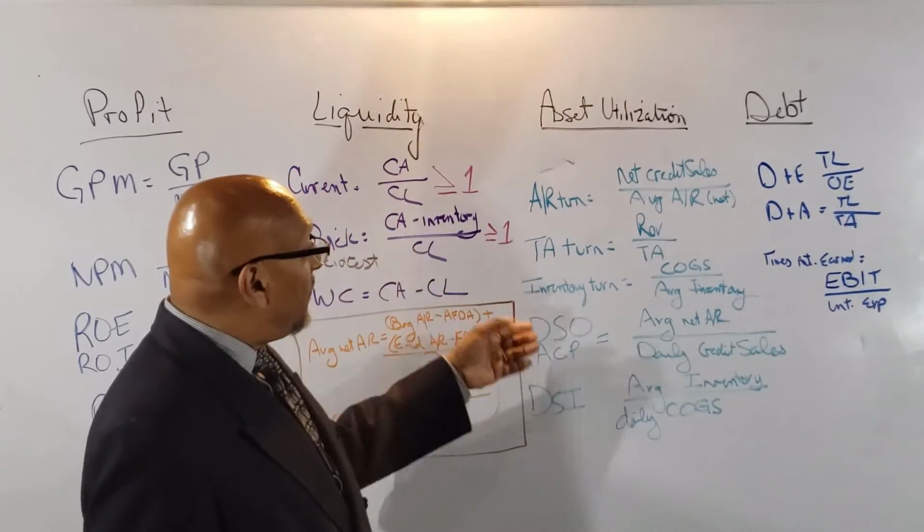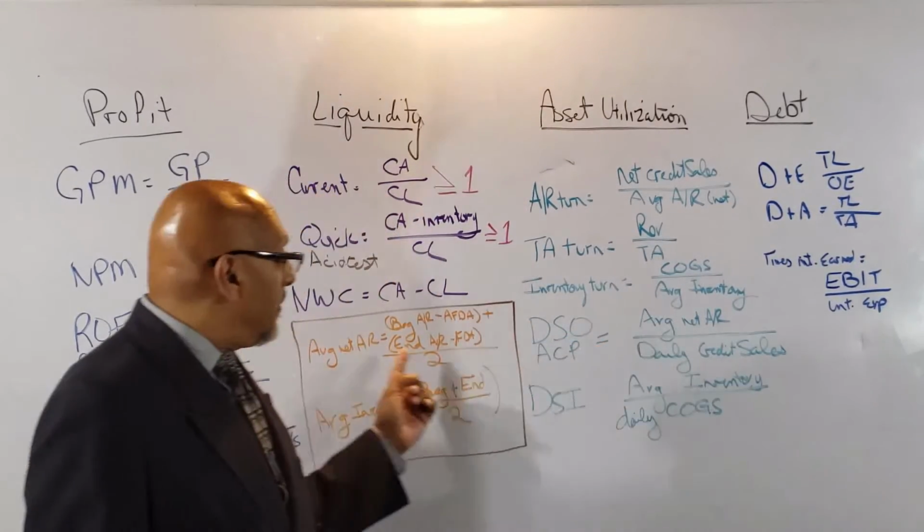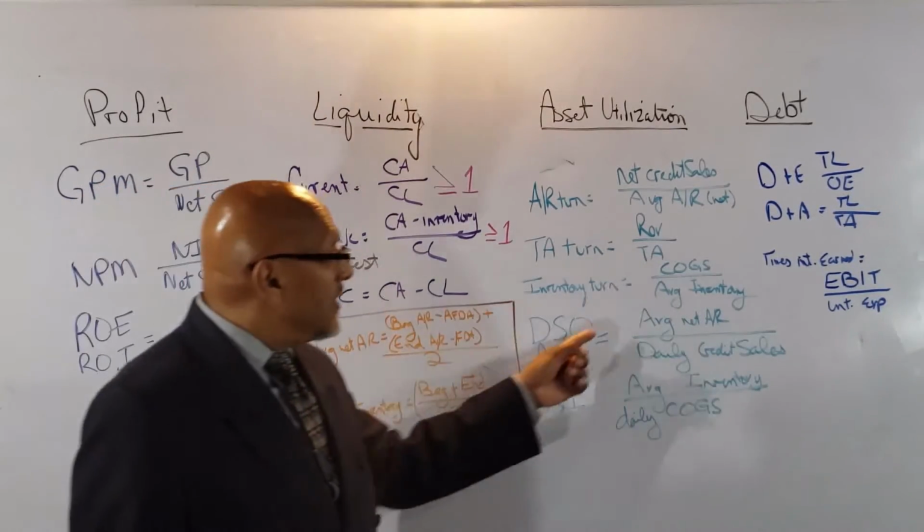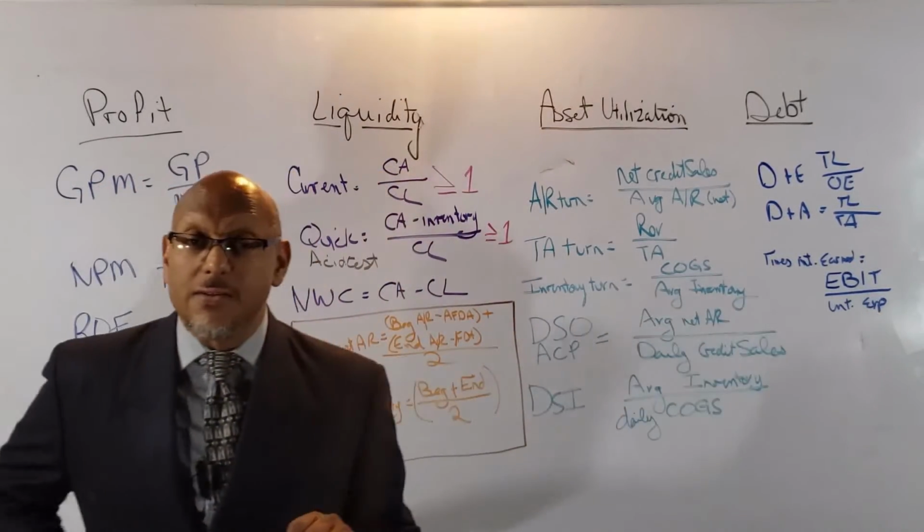And the formula for that is the average net AR, remember how that's calculated, divided by daily credit sales.